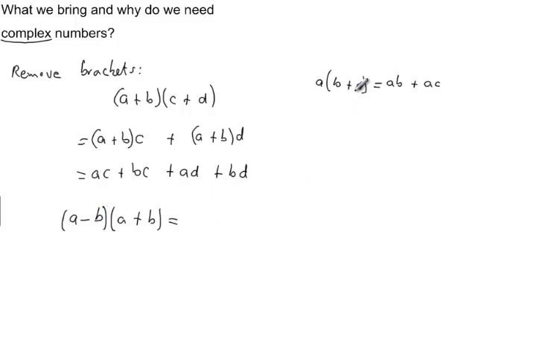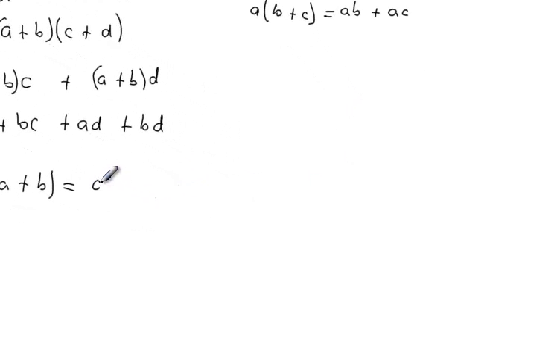This is my A, in this case, then this is (A minus B) by A minus (A minus B) by A plus (A minus B) by, what? By B.